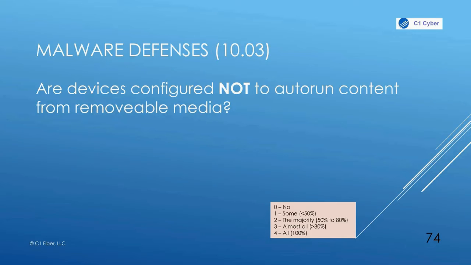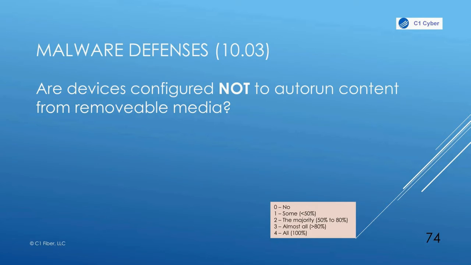Are devices configured not to auto-run content from removable media? Score 0 if your organization does not address auto-run for content on removable media. Score 1 if your organization has configured some devices not to auto-run content on removable media.